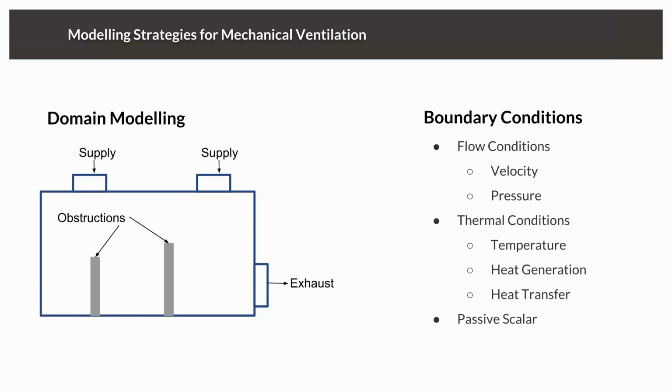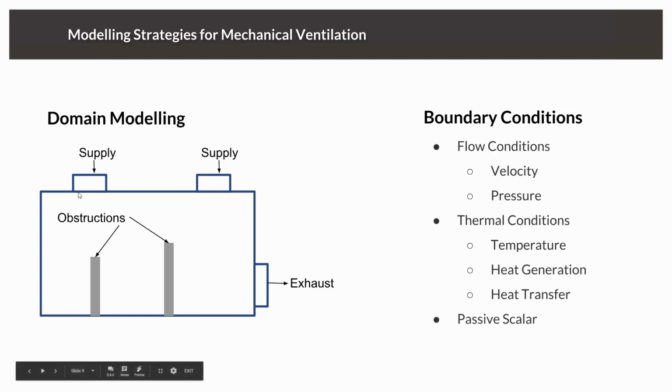And every CFD simulation basically consists of several mandatory parts, whenever it comes to modeling mechanical ventilation applications. First of all, we have so-called obstructions inside the building. These obstructions are interacting with the flow in the room, and the flow in the room is supplied at some point, like you have an inlet, and you have outlets where air is removed.